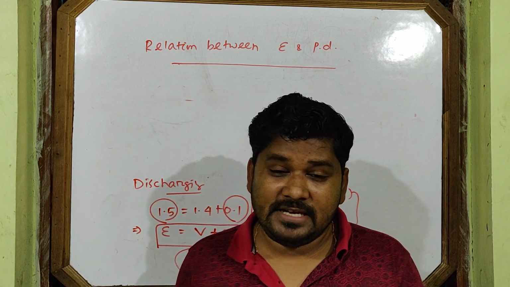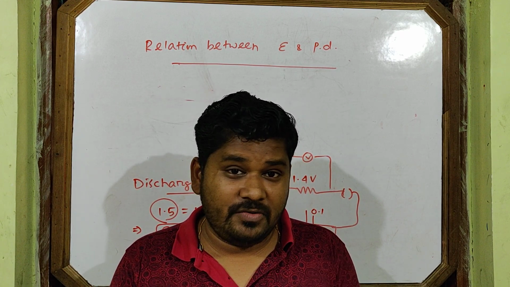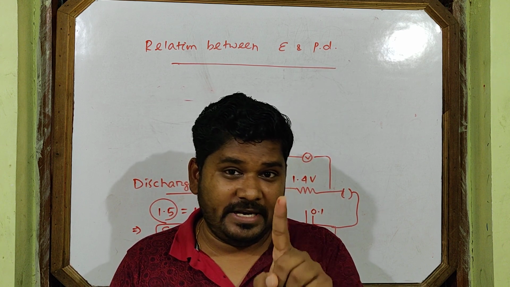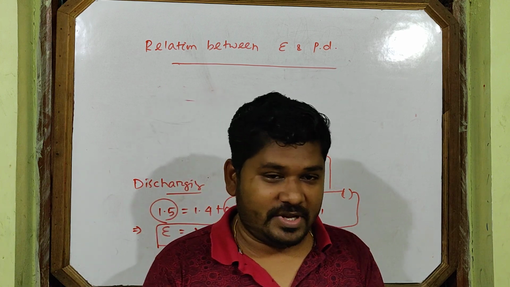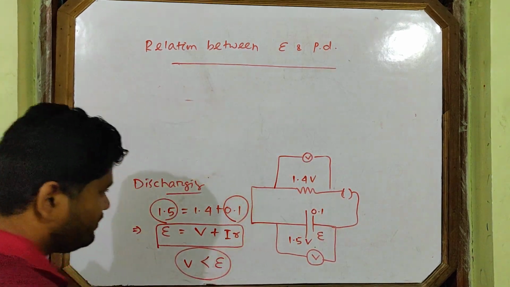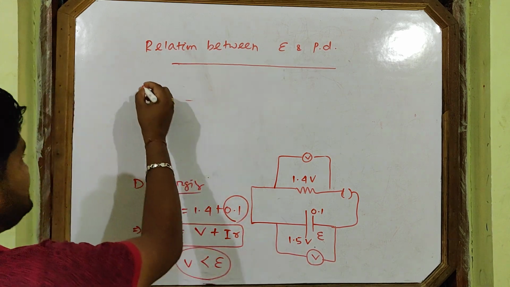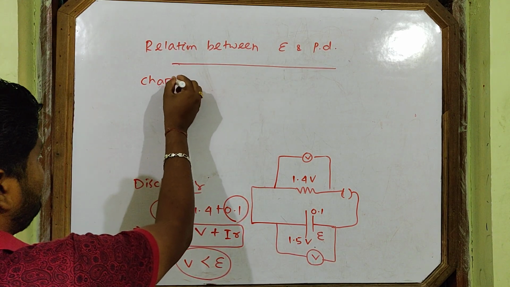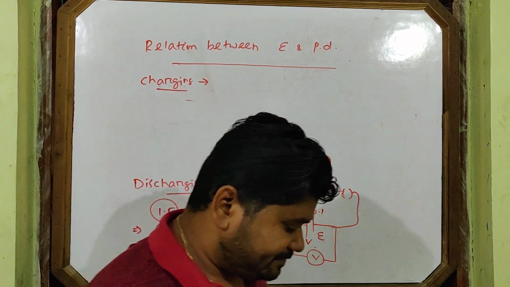So you all have realized how energy loss happens inside the cell due to internal resistance. Now you believe that internal resistance is there. You all have marked. Okay. So now, what is the relation between EMF and potential difference in charging condition? In charging condition, what happens?